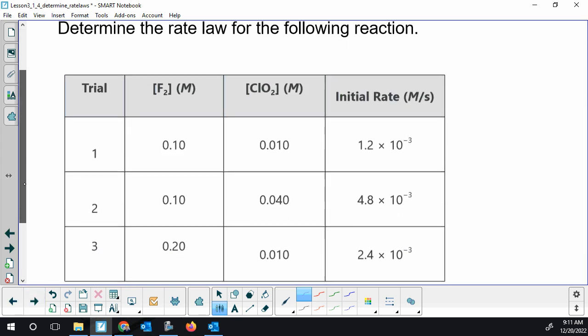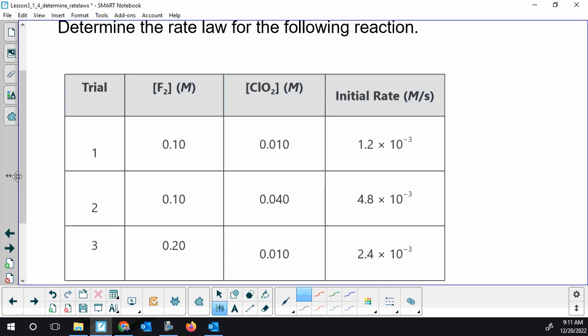So we're asked to determine the rate law given the following data. And this is for fluorine reacting with chlorine dioxide. And we've got 3 experiments or trials.